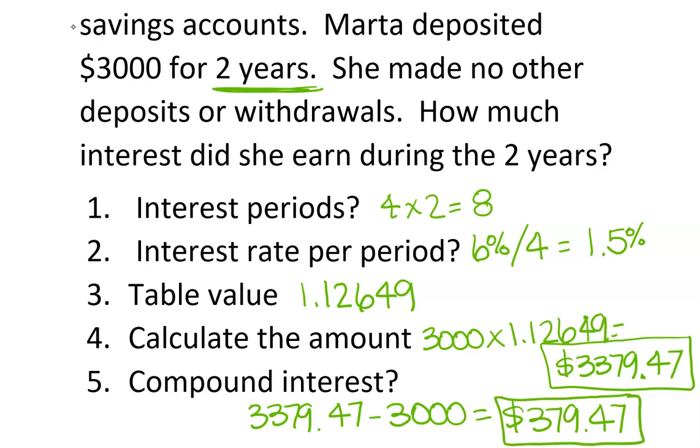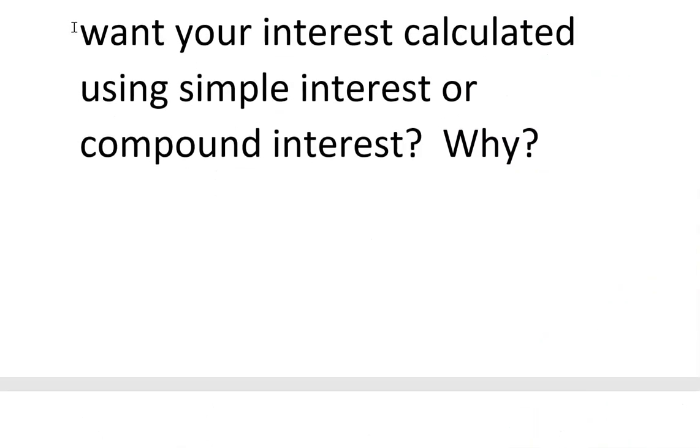Now what this means is each interest period, you get 1.5% interest added into your balance, so your balance becomes larger. So if we look at the simple interest formula, $3,000 times 6% times 2 years: 3,000 times 0.06 times 2 would be $360.